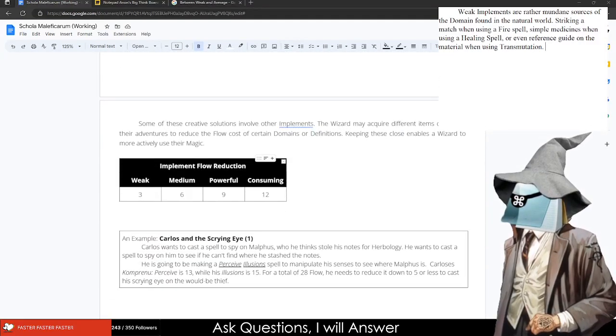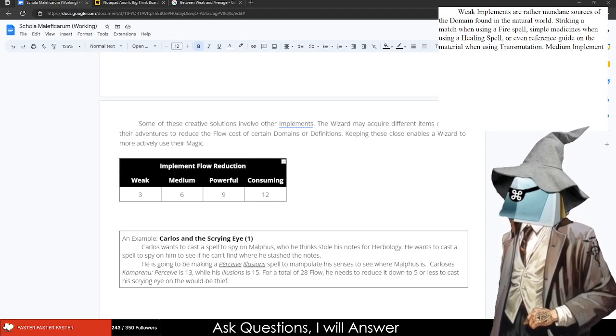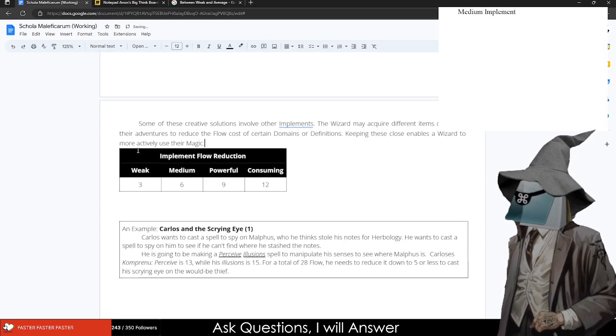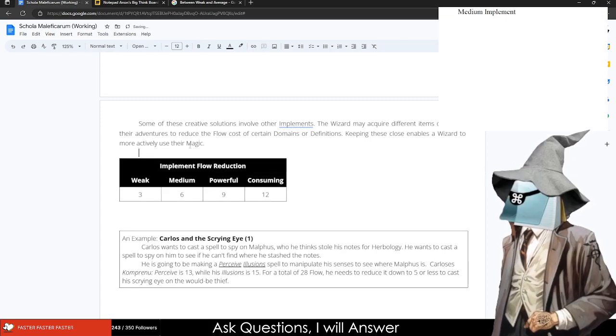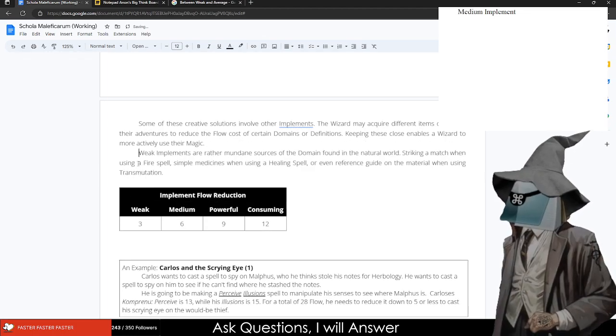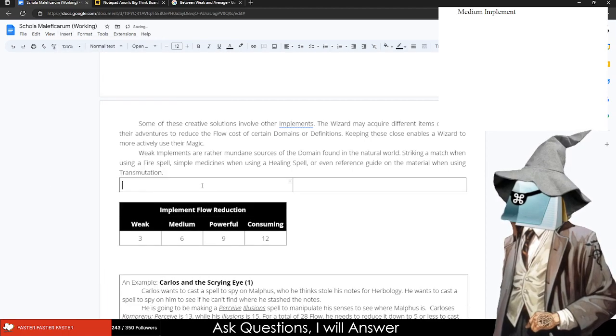Then we go into medium implements. We can do something like this. Insert table 2 by 2.